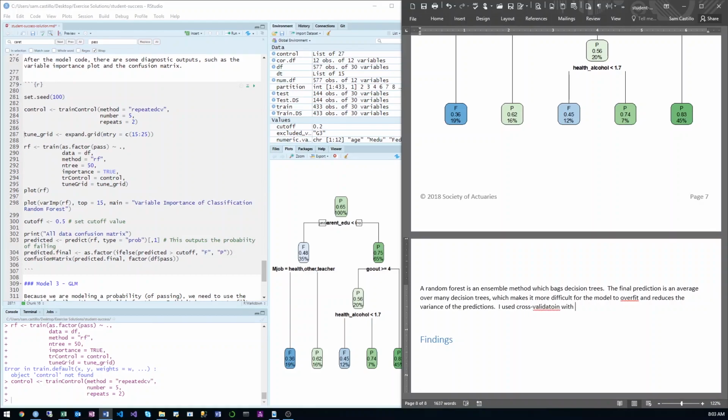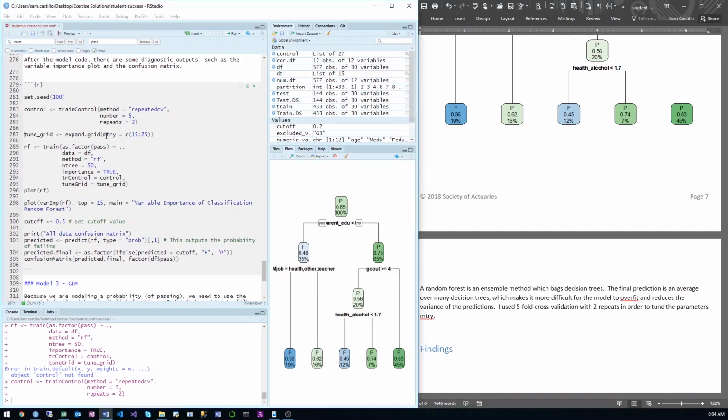I used 5-fold cross-validation with 2 repeats in order to tune the parameters. mtry. What is mtry? That's a good question.